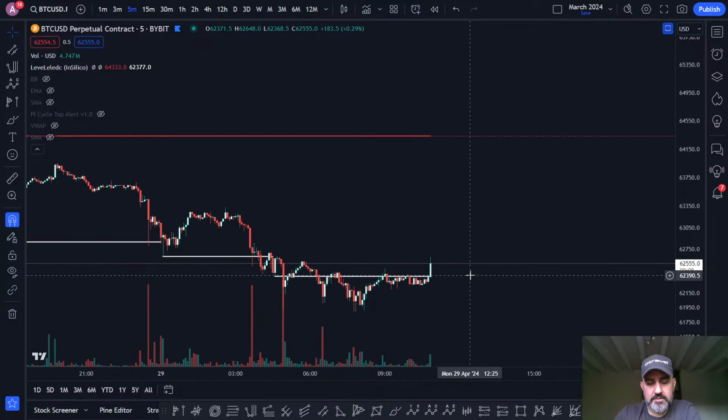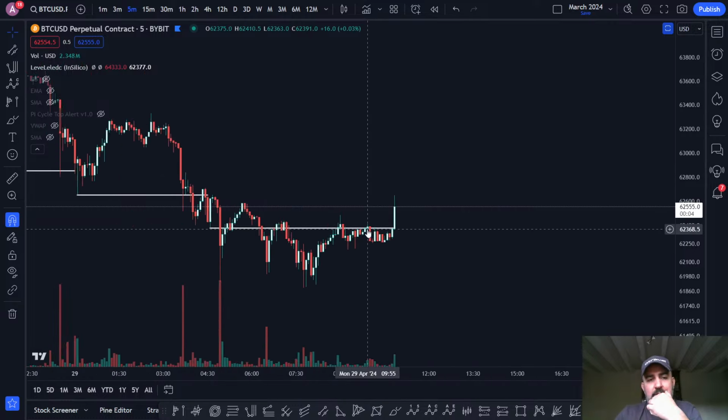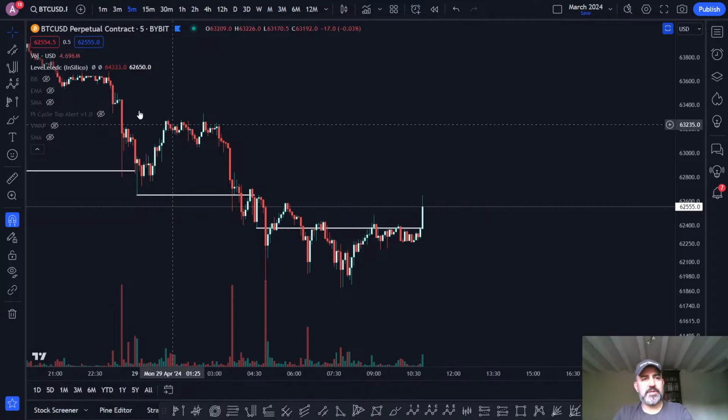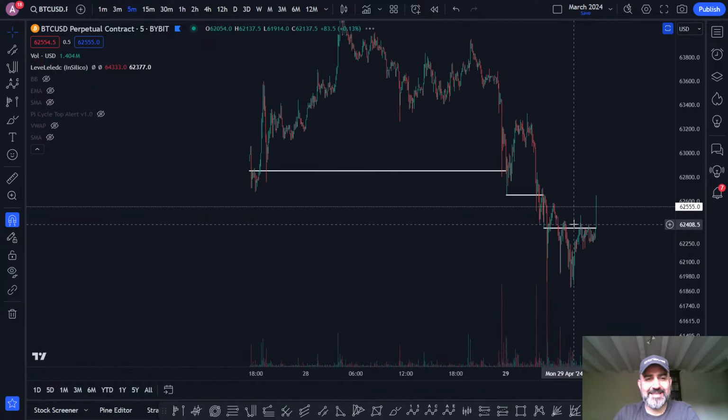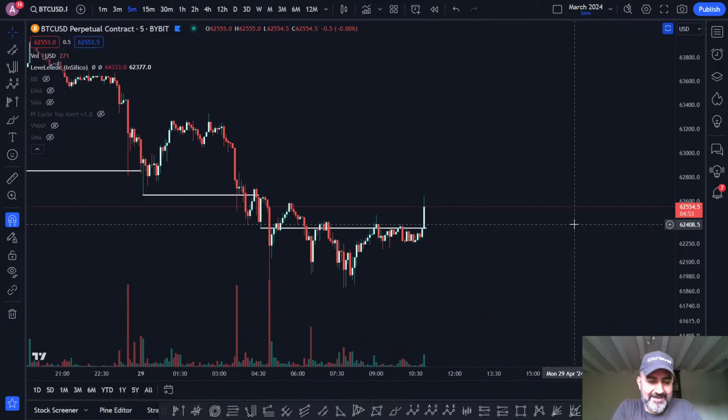There it is. He's longing that line. That 5-minute exhaustion line. He loves those lines, doesn't he? If he's longing, I'm going to long too. Or at the very least, I'm going to close my shorts.